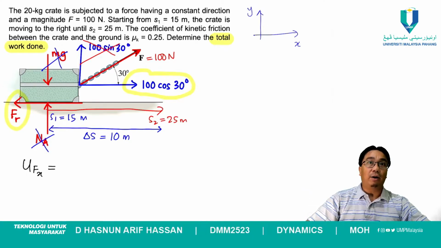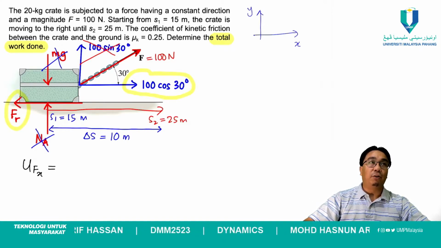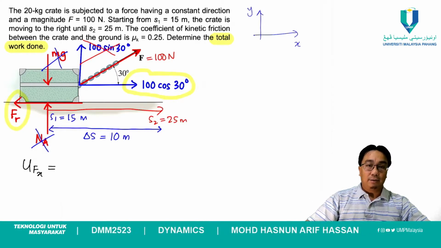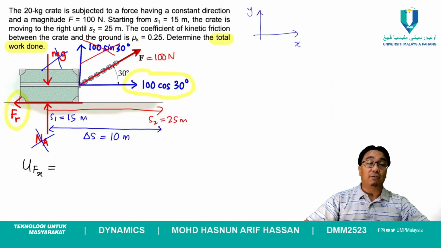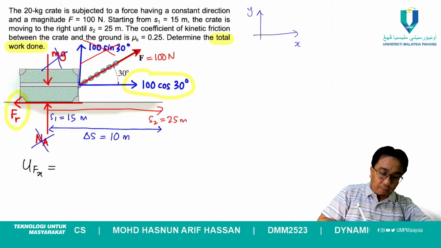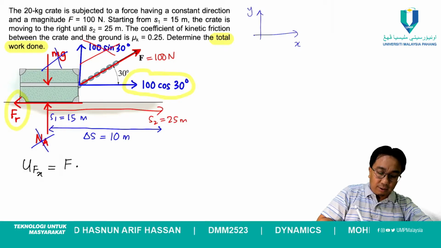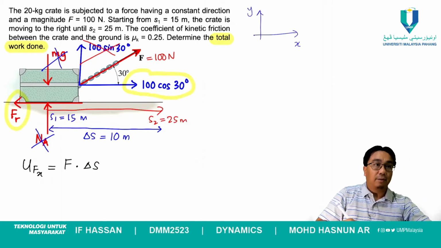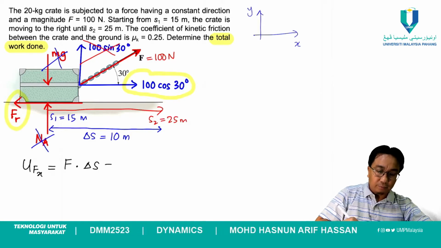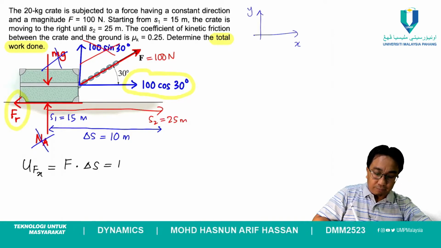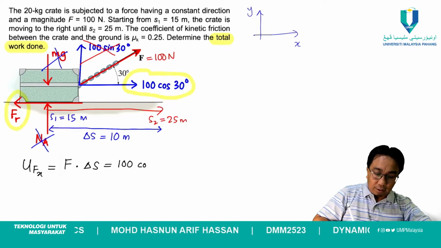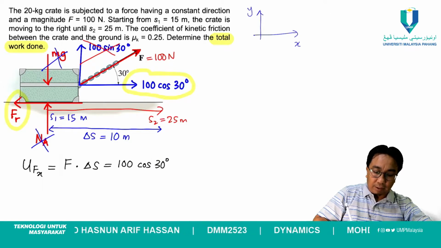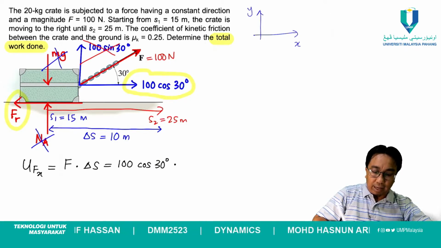Based on our formula before, the work done by a constant force is the force multiplied by delta S. So the force here is 100 cos 30 degrees multiplied by delta S, which is 10 meter.